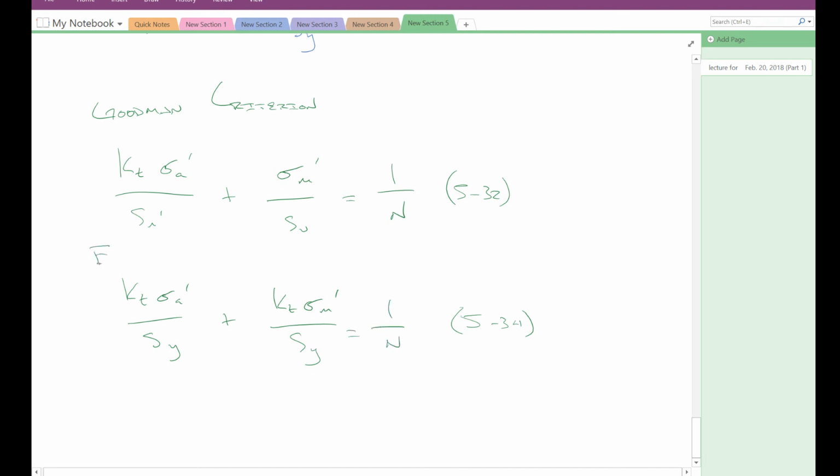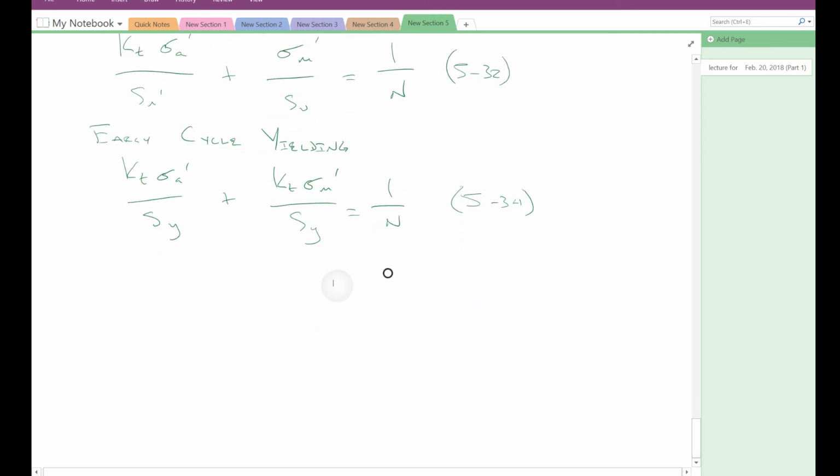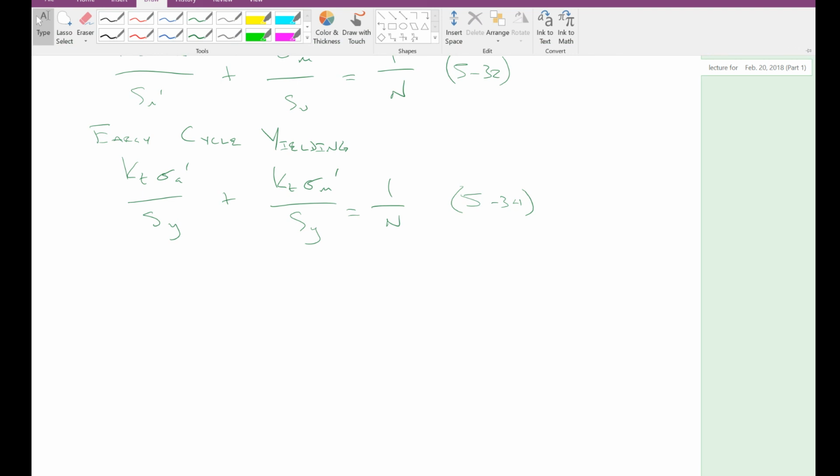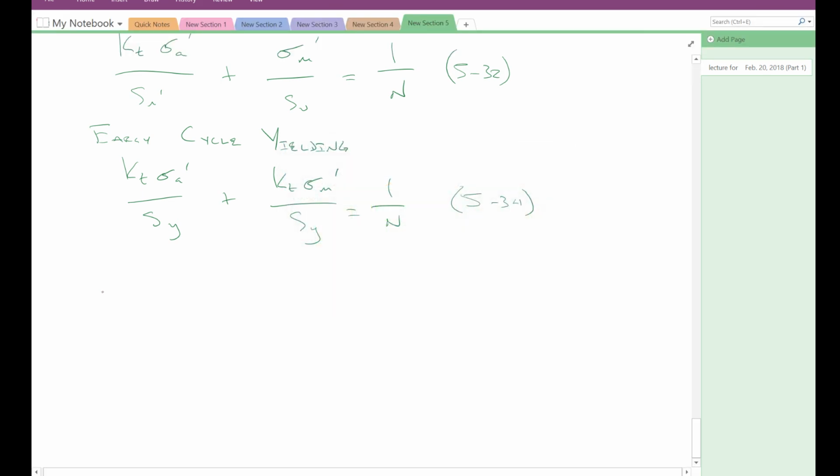Again, this is early cycle yielding, like so.